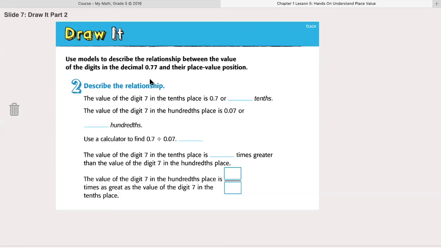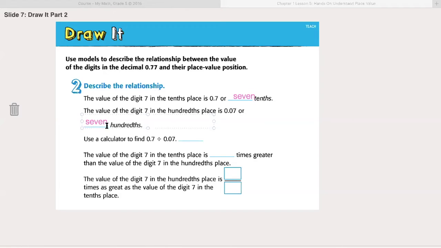Number 2, describe the relationship. The value of the digit 7 in the tenths place is 0.7, or 7/10. The value of the digit 7 in the hundredths place is 0.07, or 7 hundredths.